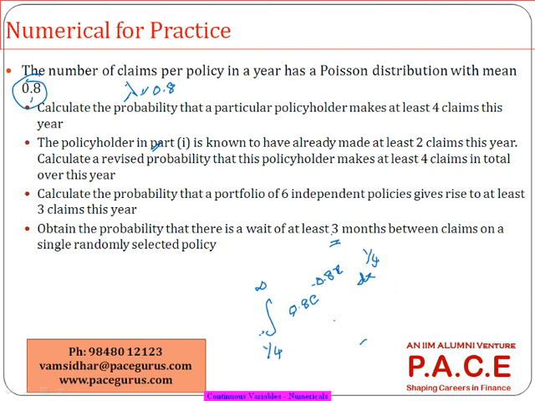In a Poisson process, the waiting time between the events I can very comfortably take as exponential distribution. Now if I integrate this, it is e power minus 0.8x divided by minus 0.8, and I'll do it between infinity and 1/4.